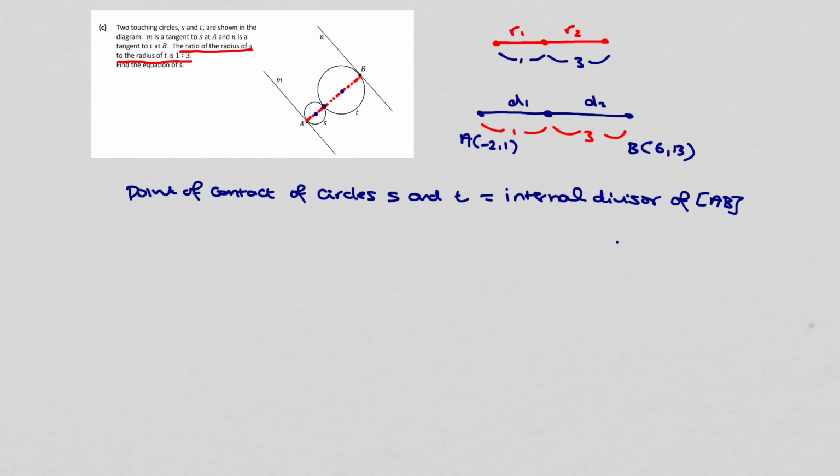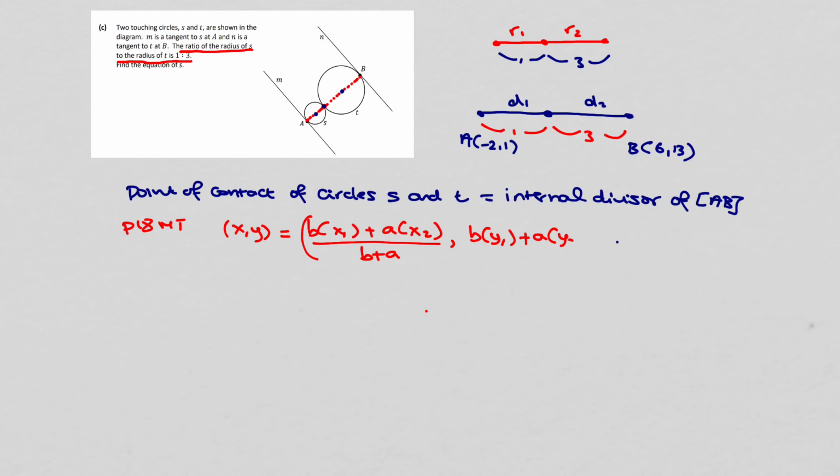So again, if we go to page 18 in our maths tables, we get our internal divisor (x, y) is equal to b times x1 plus a times x2 over b plus a, and then we have b times y1 plus a times y2 over b plus a.